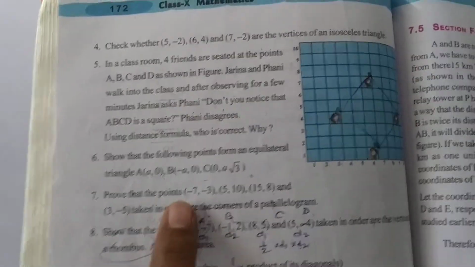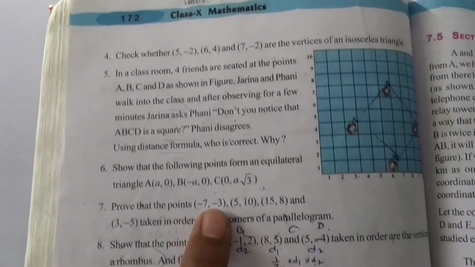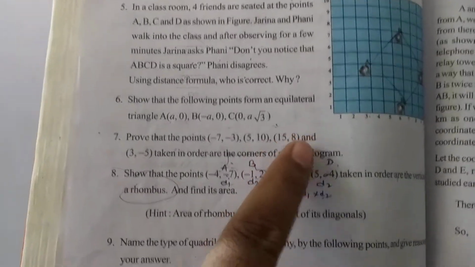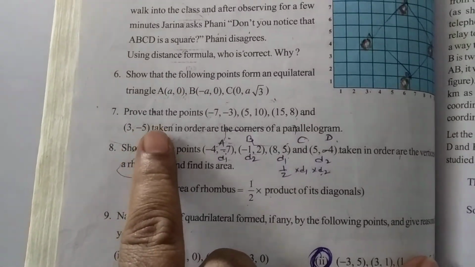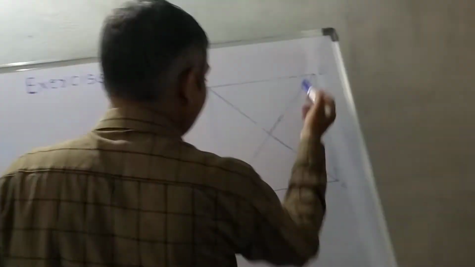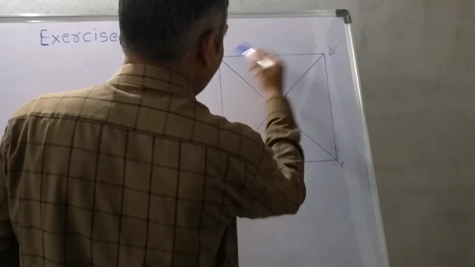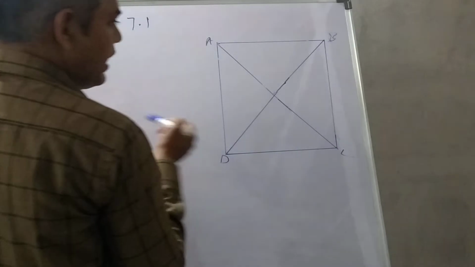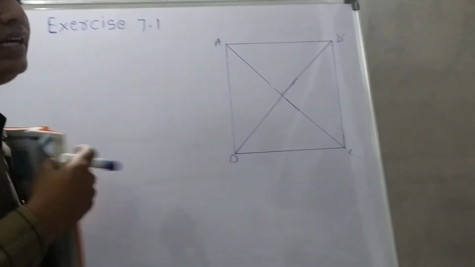Prove that the points (minus 7, minus 3), (5, 10), (15, 8) and (3, minus 5), taken in order, are the corners of a parallelogram. Taking in order means we are taking A, B, C, D continuously.